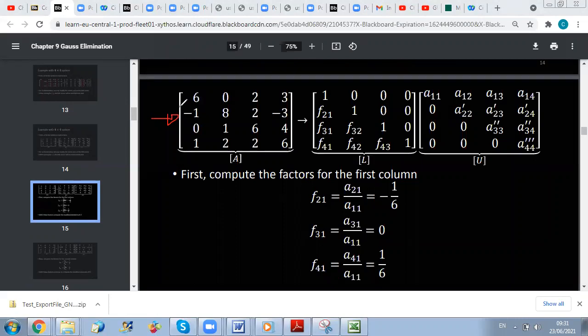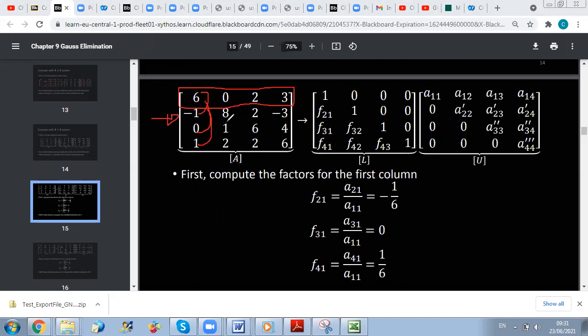The first time, we took this equation as the pivot equation, so the factors F21 is minus 1 over 6, F31 is 0, and F41 is 1 over 6.